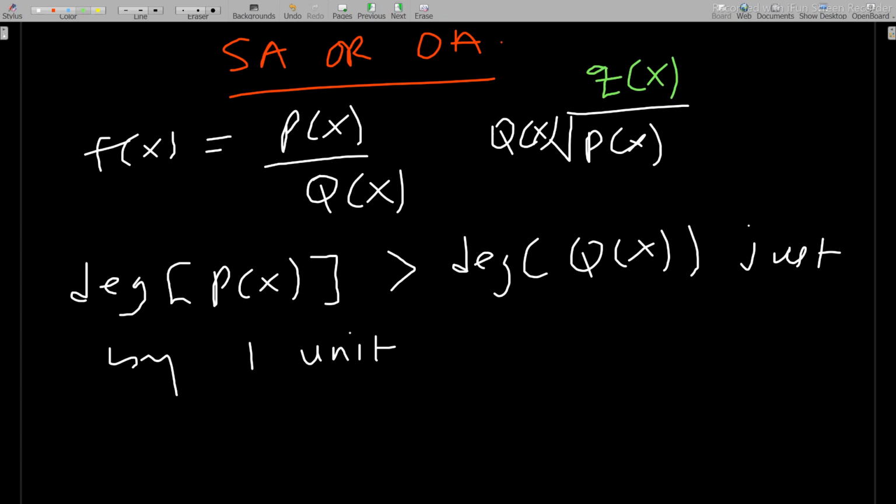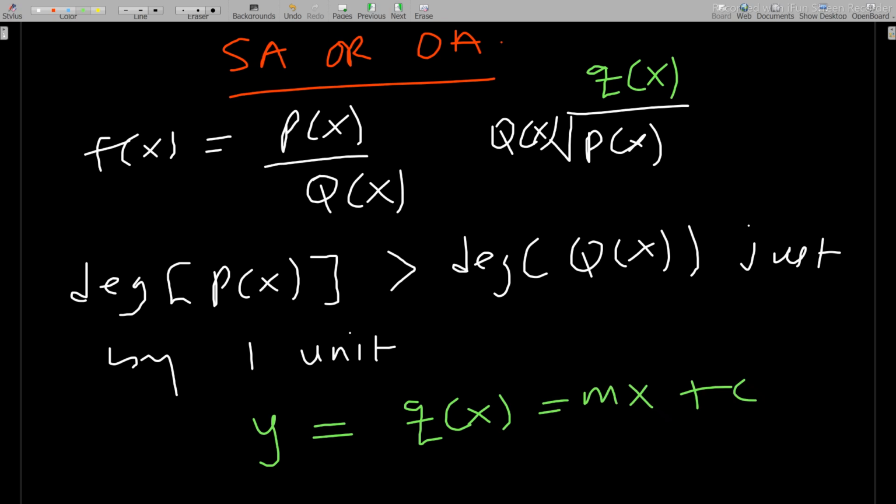Then this small q of x will be the slant asymptote. So the slant asymptote equation is y equals this q of x, the quotient you get. Since p is greater than q just by 1 unit, you get mx plus c, so you get mx plus a constant.